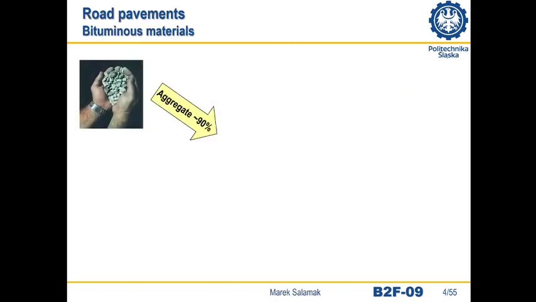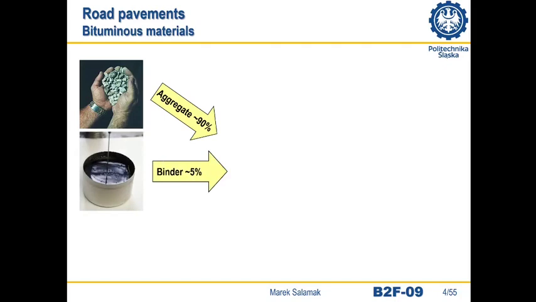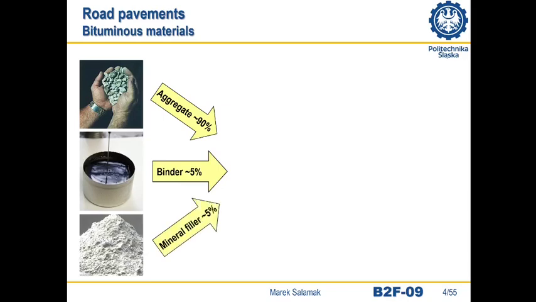Road surfaces, road pavements, are mainly bituminous materials. They consist primarily of aggregate, about 90%, binders, about 5%, and mineral filler, also around 5%.